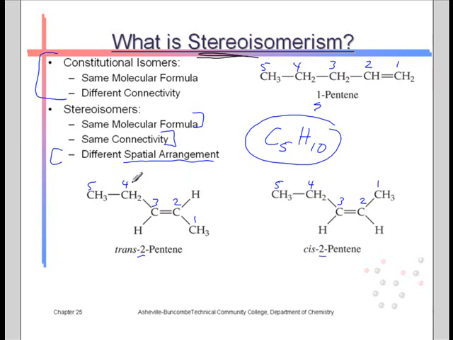For this example here, and I'm going to show a model in class about this, whenever you have a double bond in your molecule, there's no free rotation here. Any single bond you have in the molecule, there is free rotation. And we can't get into the nitty-gritty detail here.